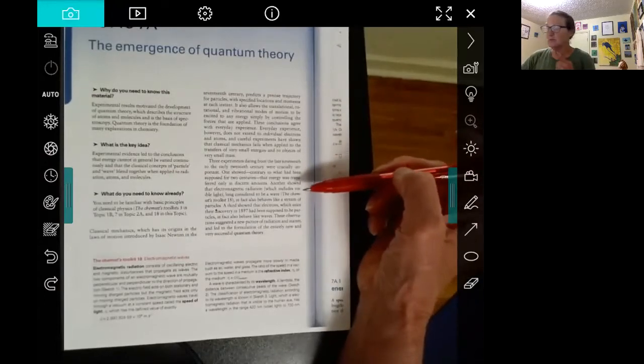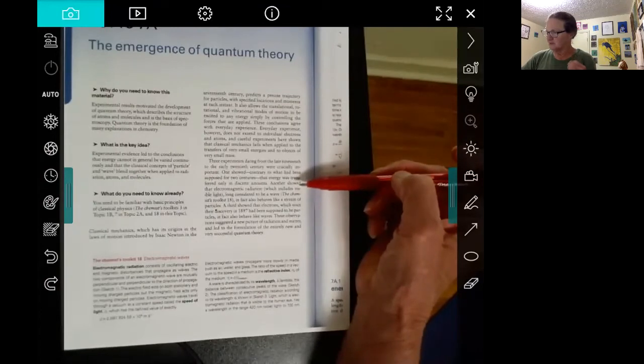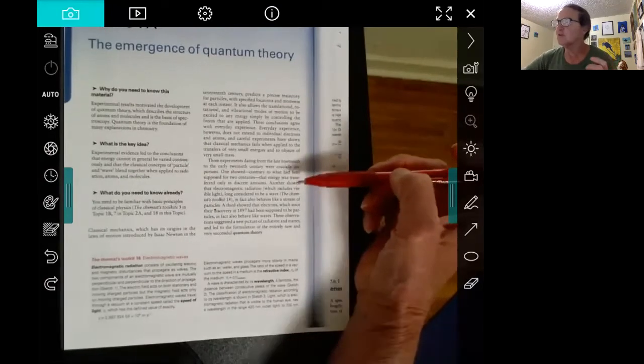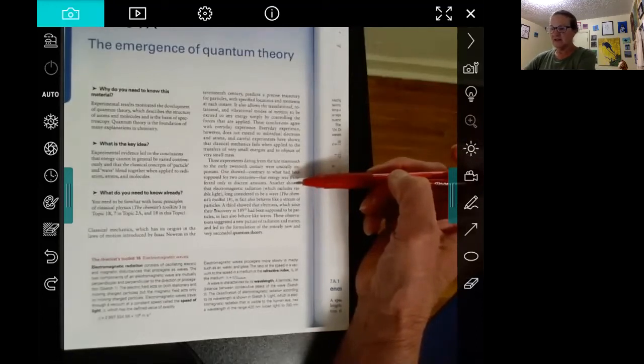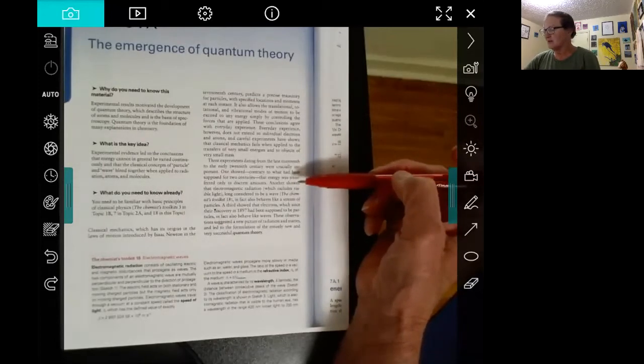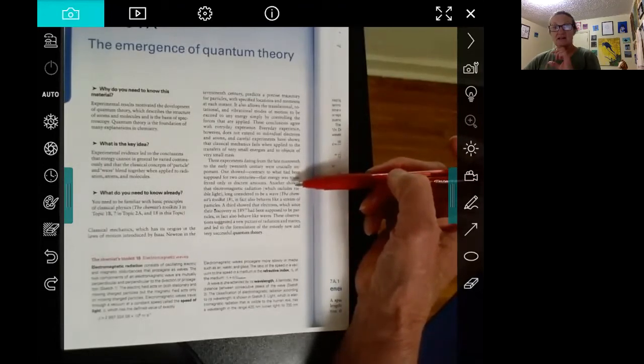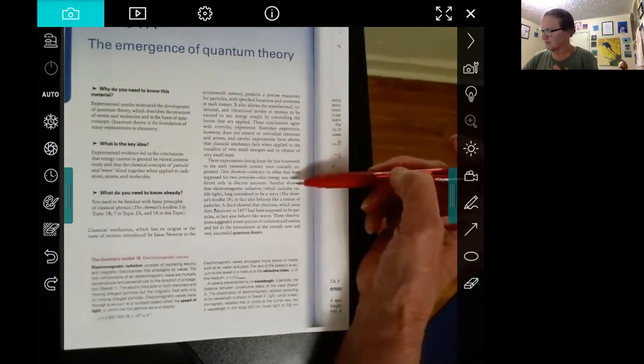The second experiment is the photoelectric effect, which led Einstein to conclude, he didn't do the experiments, of course, but analyzing those experiments, he concluded that at that time, light was considered a wave, but those experiments led to the conclusion that light is also a particle. So we think of particles of light as being photons.